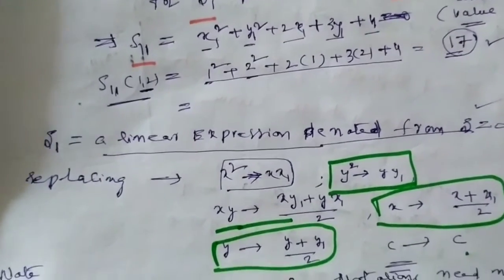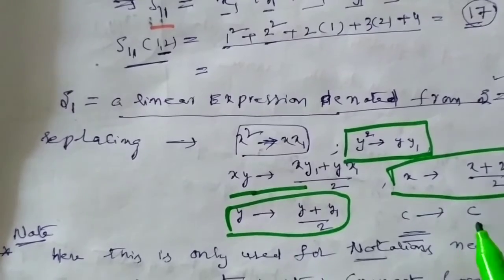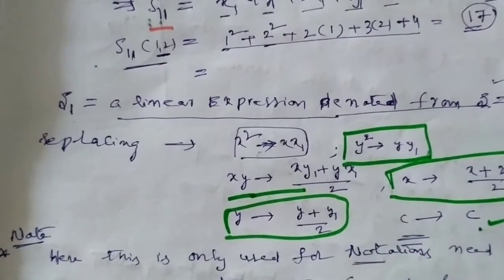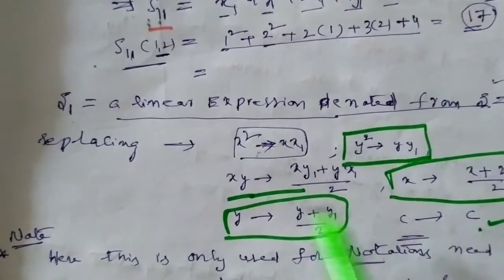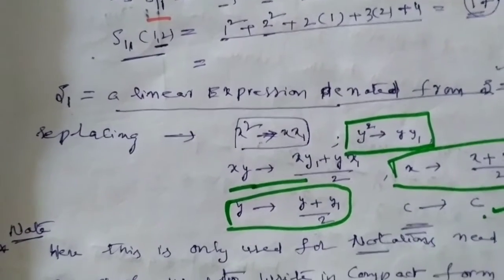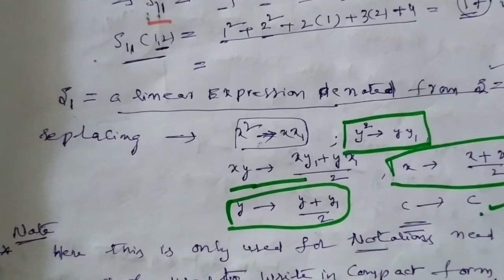The constant remains constant. By changing these terms, you will get S1 for the given conic equation.